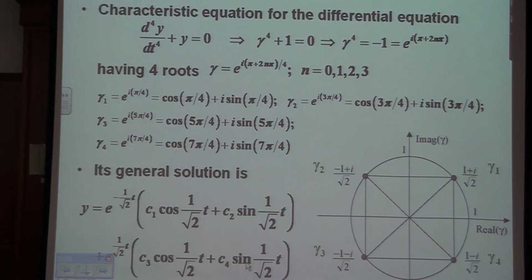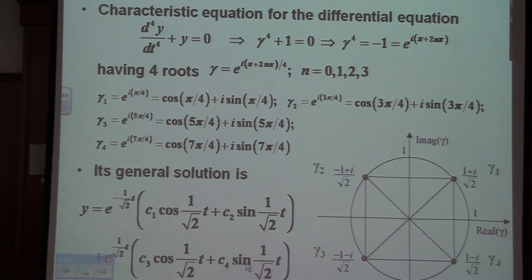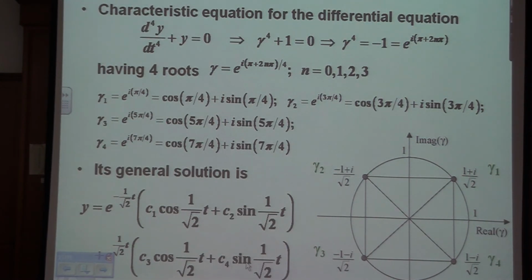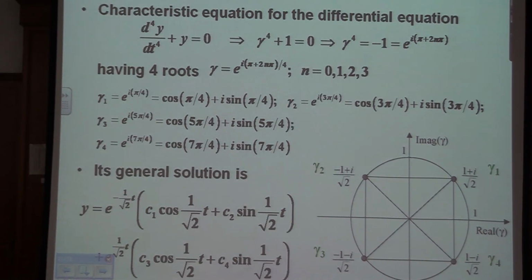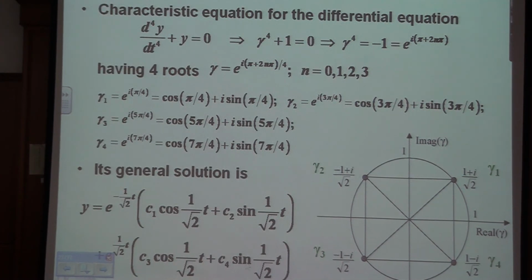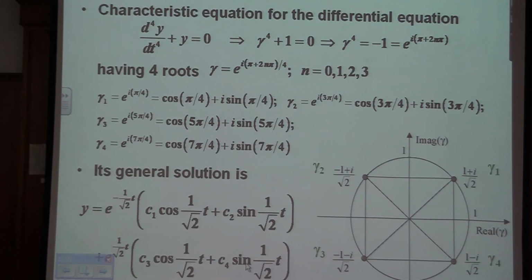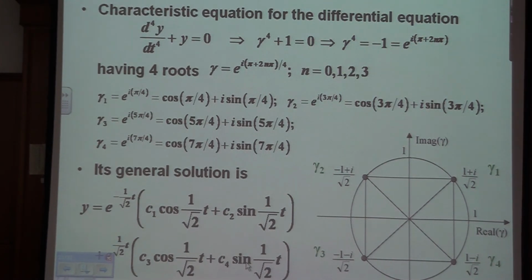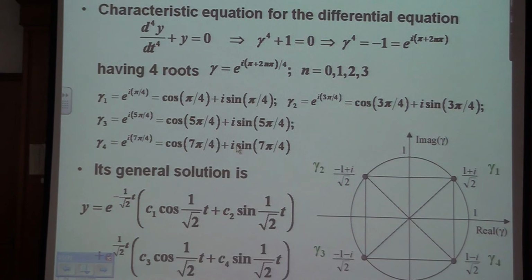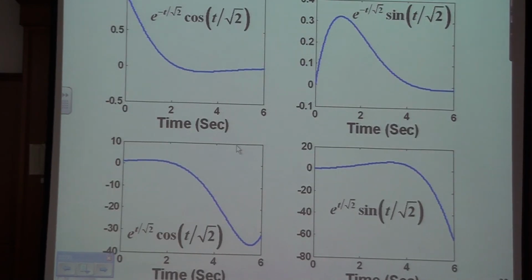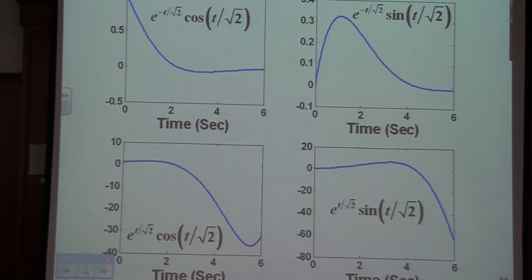If all initial conditions are 0, these are supposed to be all 0. So maybe you can say, I can find an initial condition such that C3 and C4 are 0. Yes, good luck to you. That's good. If you don't, then you need to design a controller, hopefully to take care of these two terms. So that's two terms. It is very unstable.